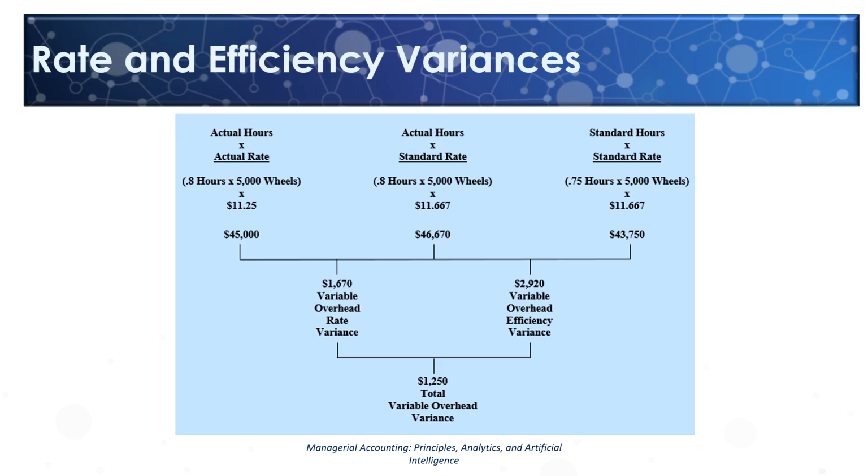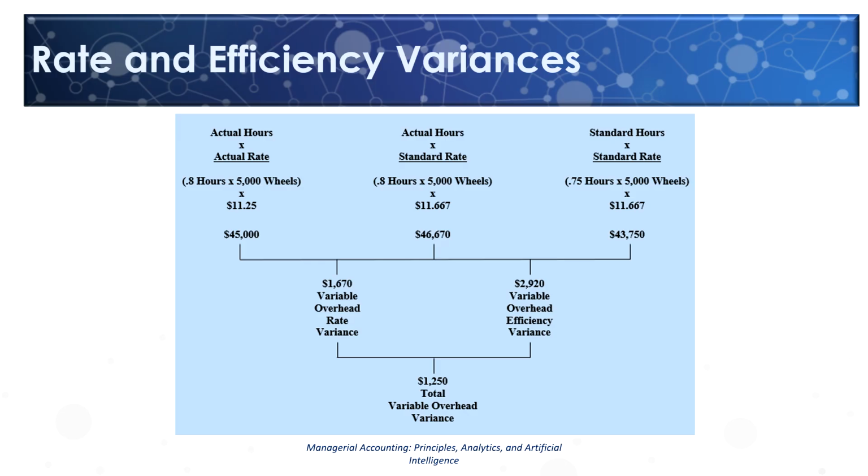Well, we can compute and analyze variable overhead variances much like we did with labor variances, using this three-column approach, where column 1 and column 2 are compared to find the variable overhead rate variance. In this case, we isolate the hours of the cost driver, in this case labor hours, and multiply that times the actual number of wheels produced.